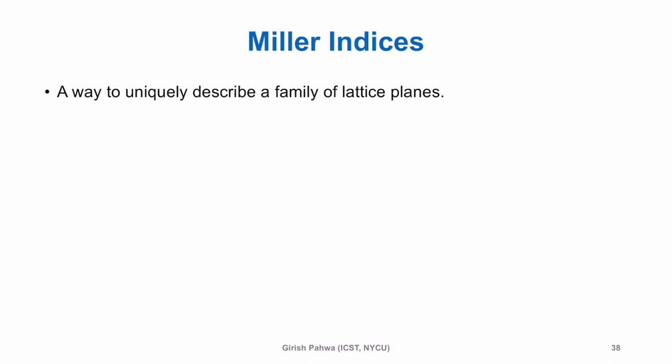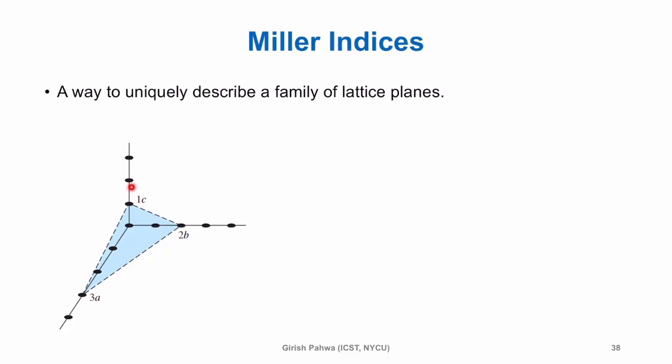So how do I calculate the Miller indices, and how does it represent a family of planes? I have a plane which is intersecting my x, y, and z axes like this. On the x-axis, it intersects at 3a. On this side it intersects at 3b, and on this side it intersects at 1c.